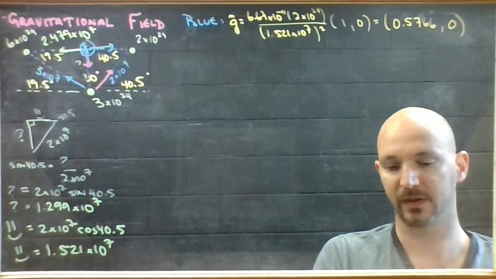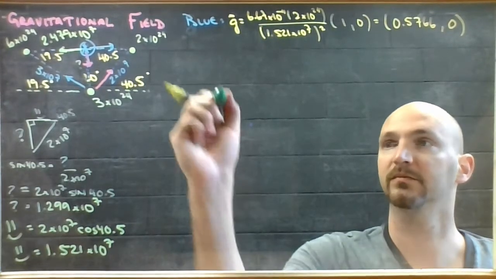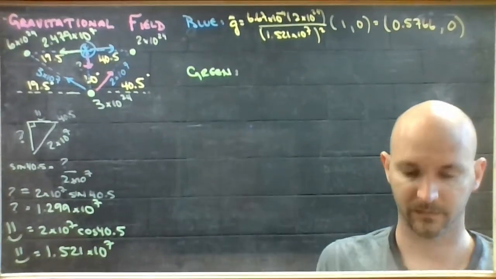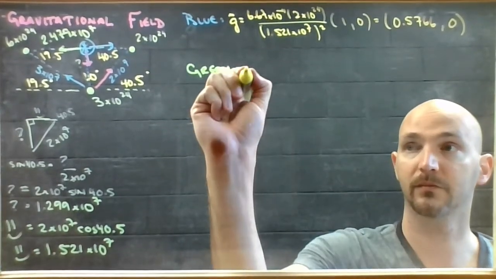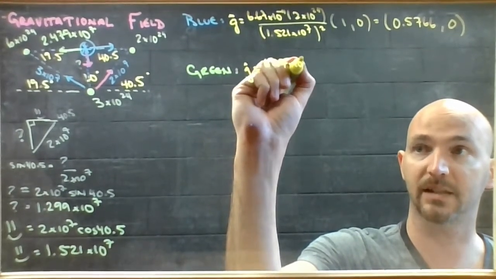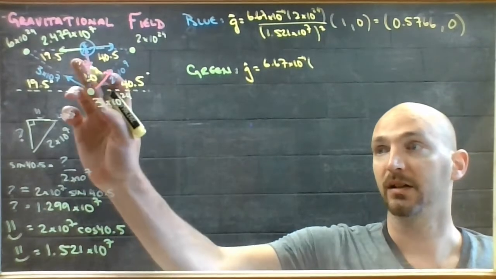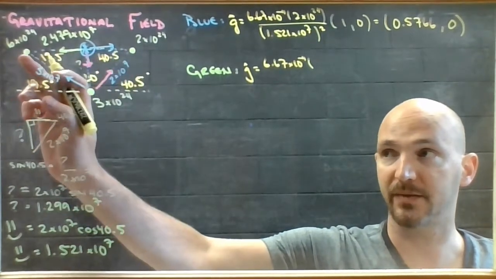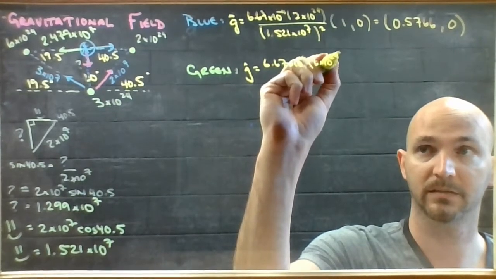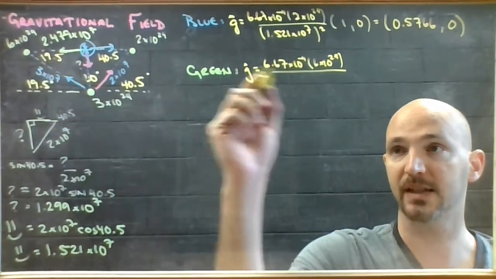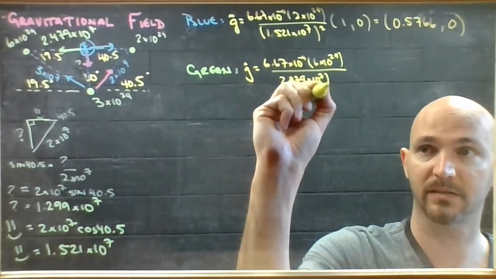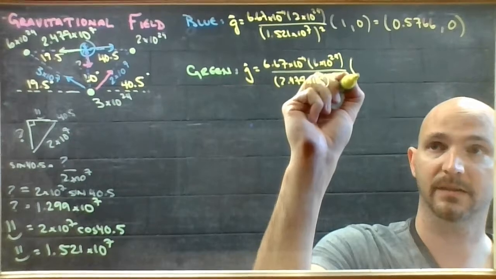All right, the green force, or field, sorry. That would be 6.67 times 10 to the negative 11. The mass causing this gravitational field is 6 times 10 to the 24. The separation is this, which would be 2.479 times 10 to the 7 squared.